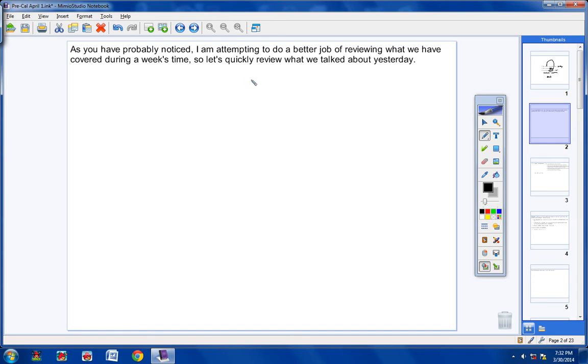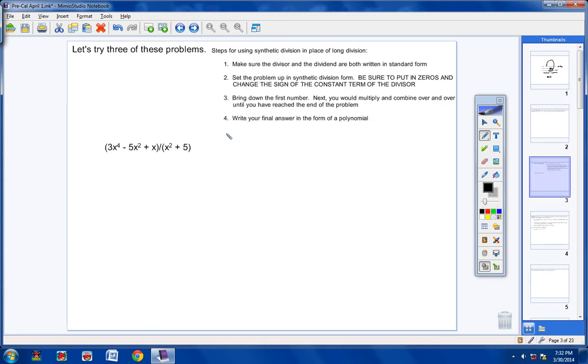As you have probably noticed, I am attempting to do a better job of reviewing what we have covered during a week's time. So let's quickly review what we talked about yesterday on Monday. We talked about using synthetic division in place of long division. Okay, and we talked about the divisor has to be in a certain form. This divisor here would not work. There has to be a 1 here in front of the x, and this power right here has to be a 1.